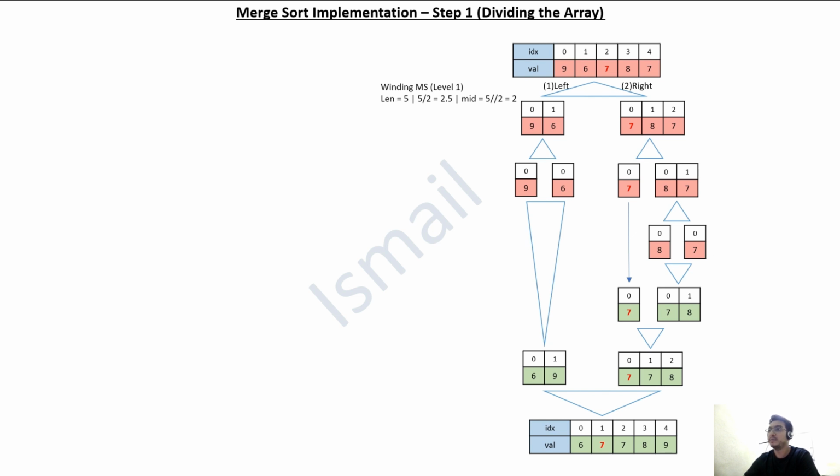Use this as a midpoint to split the array. The left subarray will range from index 0 to mid minus 1, and the right subarray will start at mid and go to the last index of the input array. Repeat this process for every subarray until each subarray has only one element.